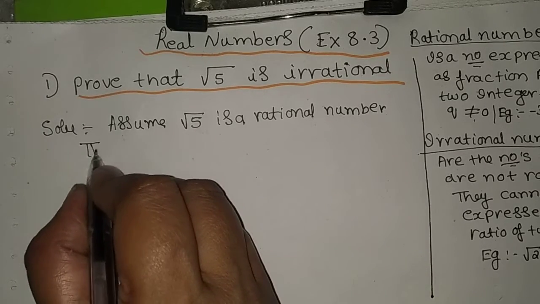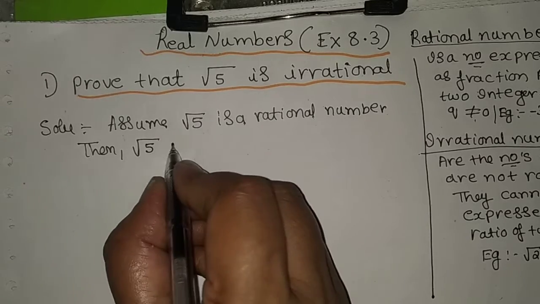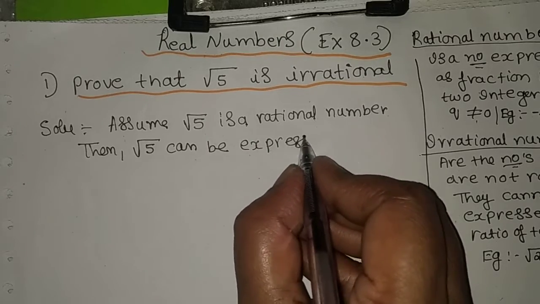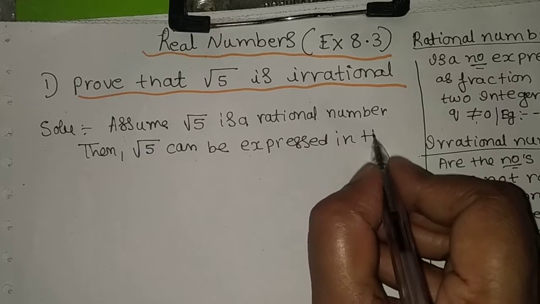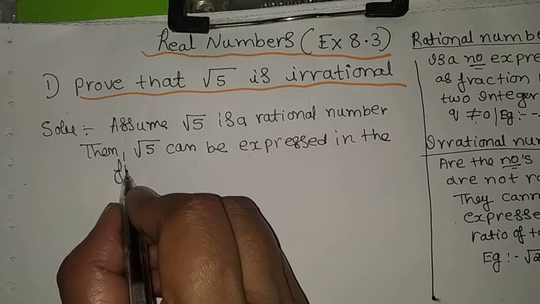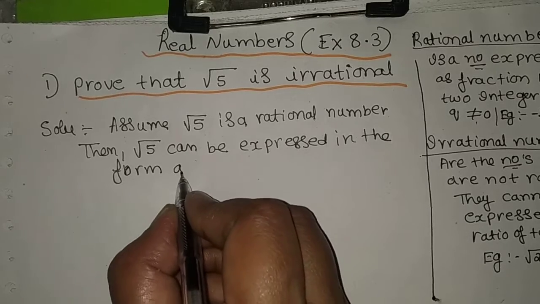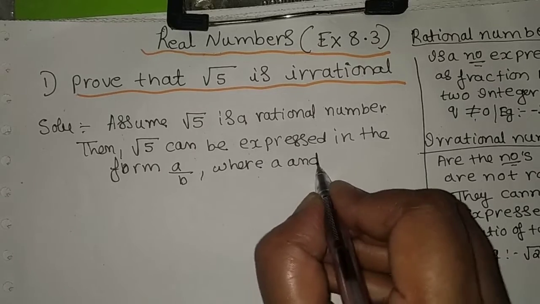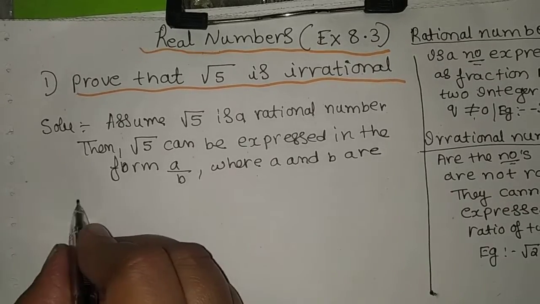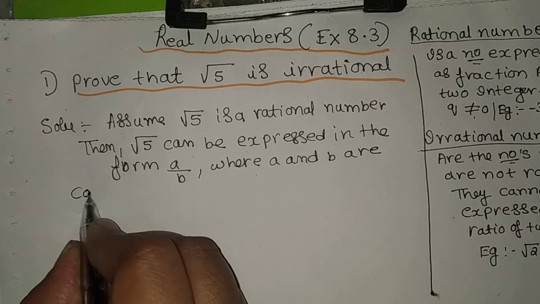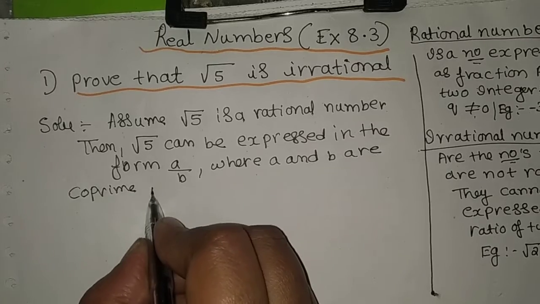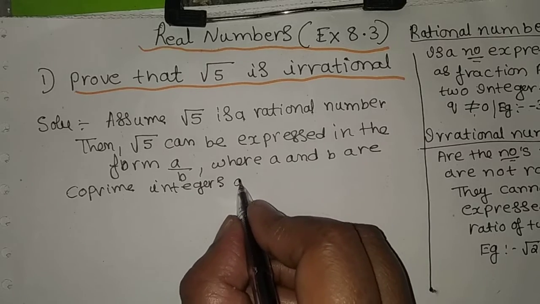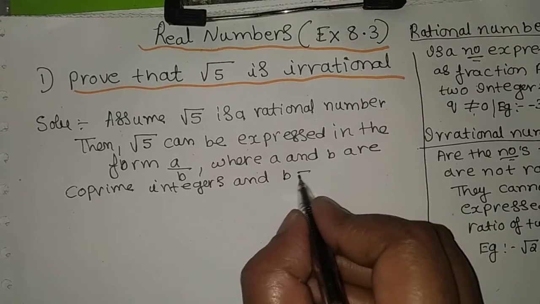So next step, then root 5 can be expressed in the form a by b, where a and b are co-prime integers and b not equal to 0.